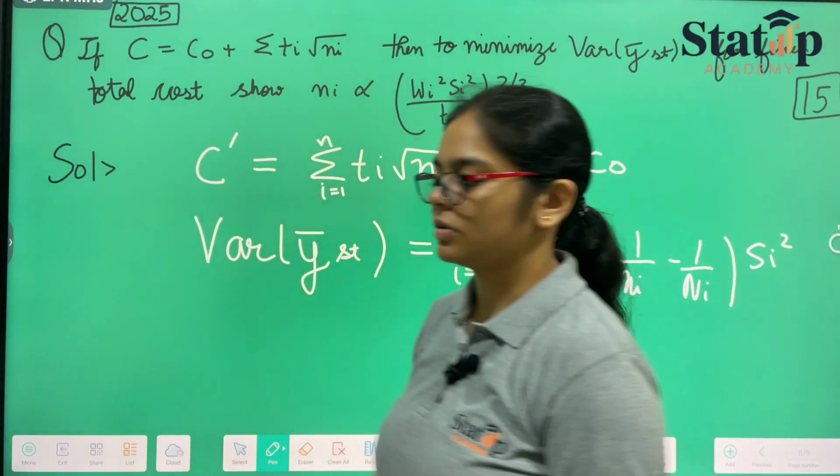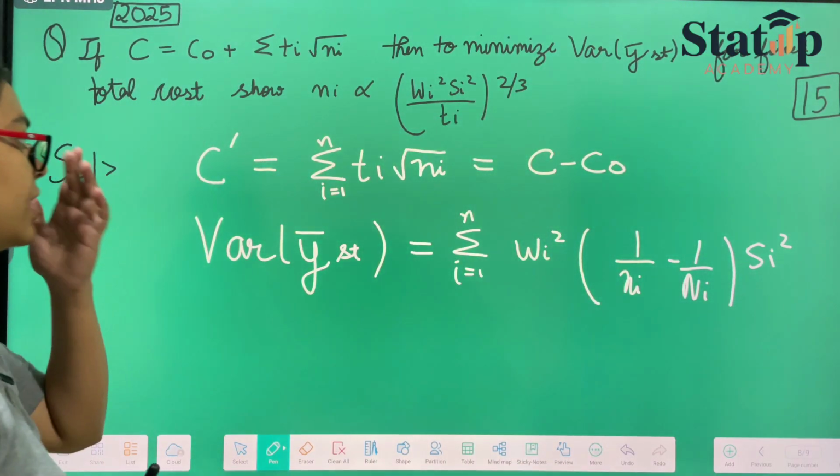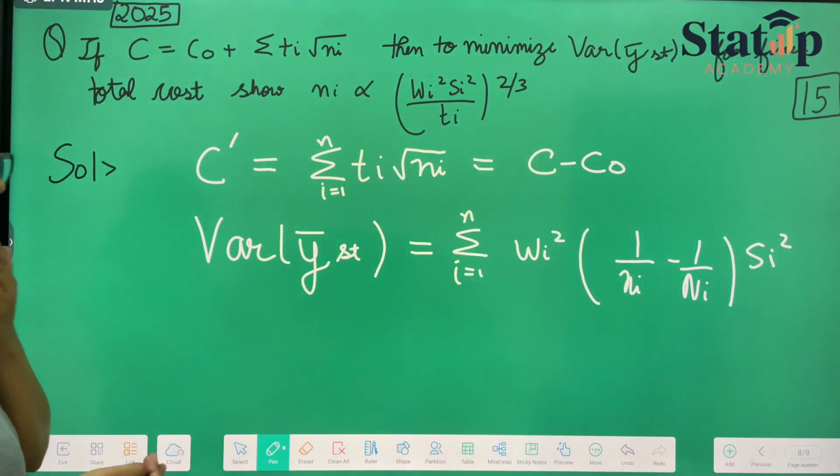So this is the variance of our stratified random sampling. We all know that.